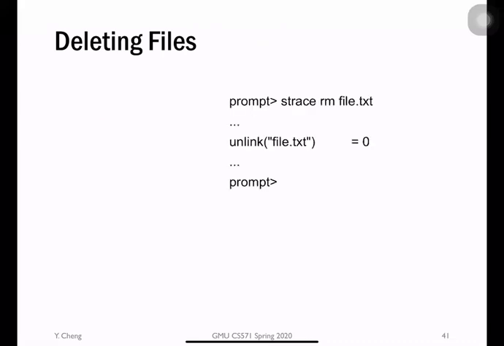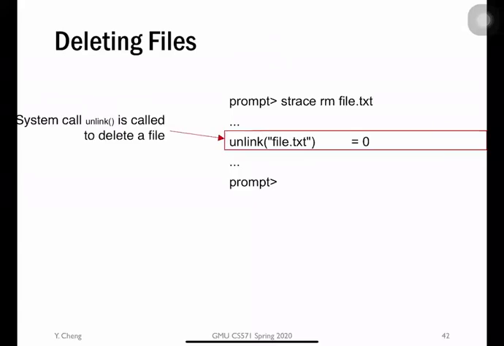The underlying system call involved when calling rm, if you run strace, is unlink. Unlink means you want to cut the connection between the file system and this particular file. In this case, you call unlink on this file, and once it's successfully executed, it returns a value of 0.